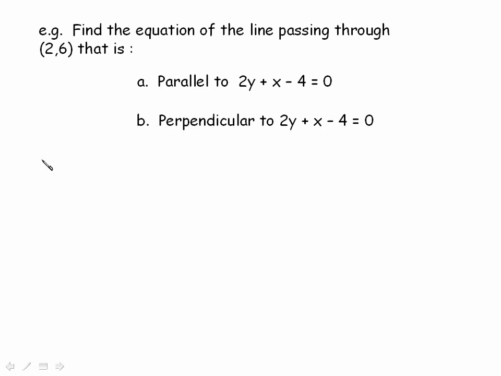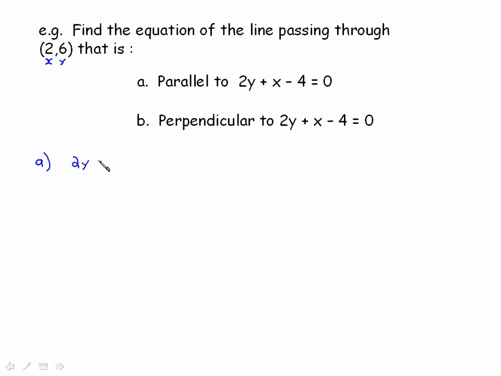Now, keeping in mind for these that we do need the same information. We need the slope and we need 1 point. Now, the 1 point is no problem. Here's your x and your y. But in order to get parallel to 2y plus x minus 4, you need to have it in slope y-intercept form so you can identify what the slope is.